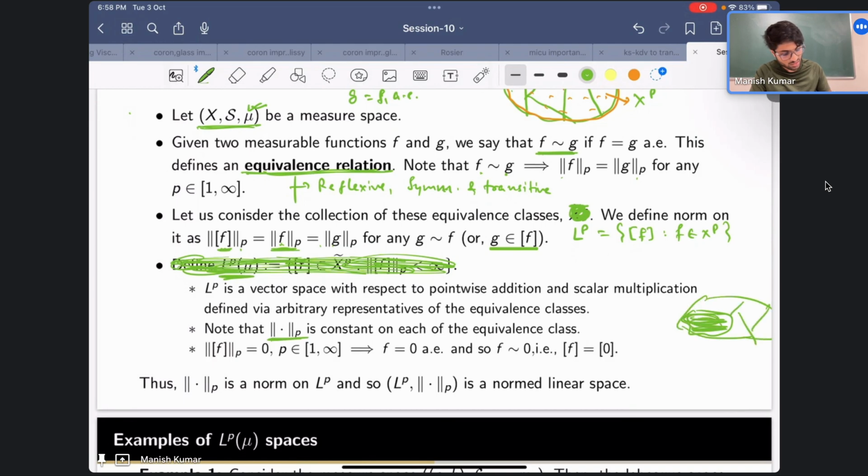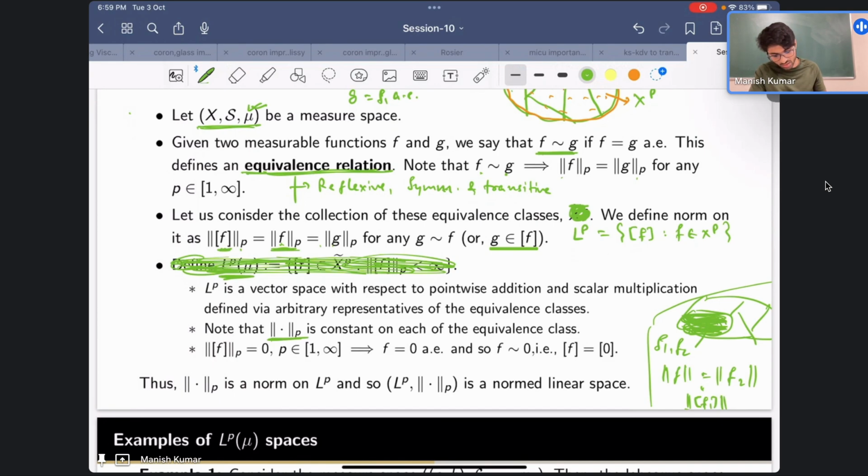On this equivalence class, the norm of f for any function here is the same. So if f1 and f2 belong to this class, then the norm of f1 is equal to the norm of f2 for any function belonging to this class. And this is what we define as the norm of the class, equal to the norm of f1.